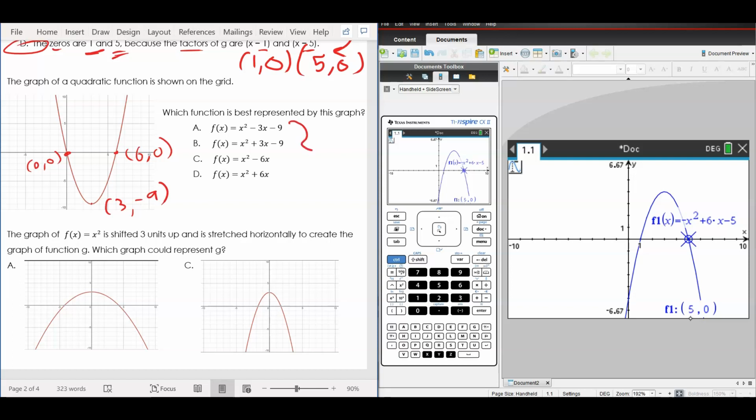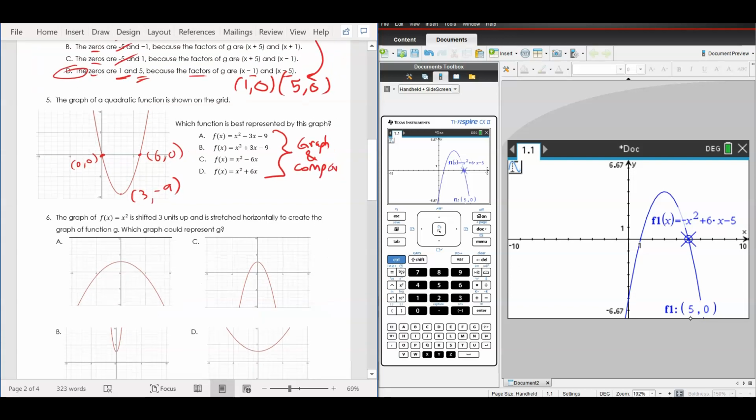You can take all these, graph, and compare. Or you can take those 3 points, (0, 0), (3, -9), (6, 0). You could do a quadratic regression.